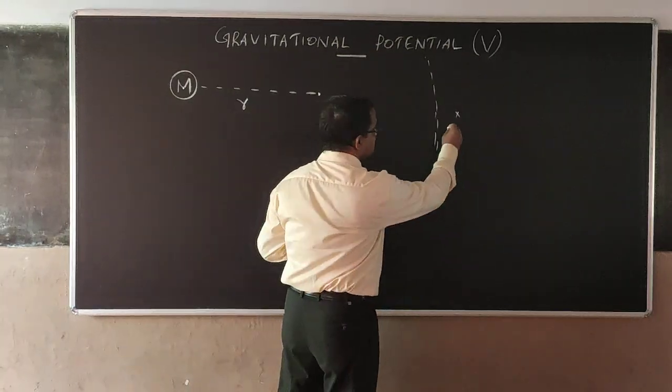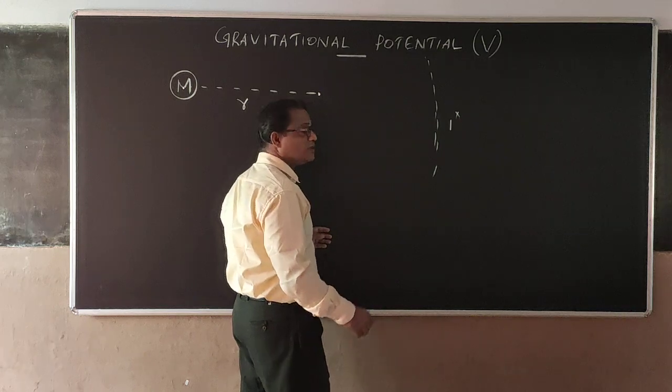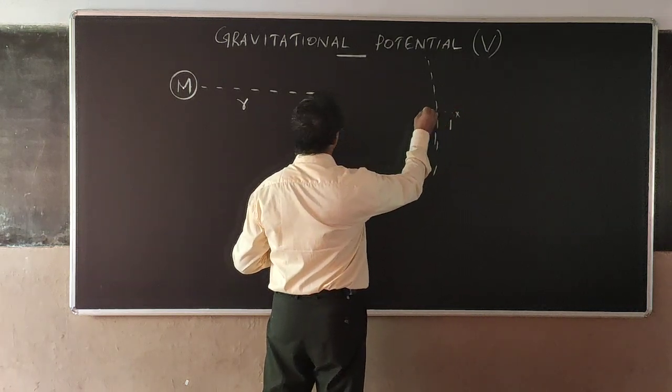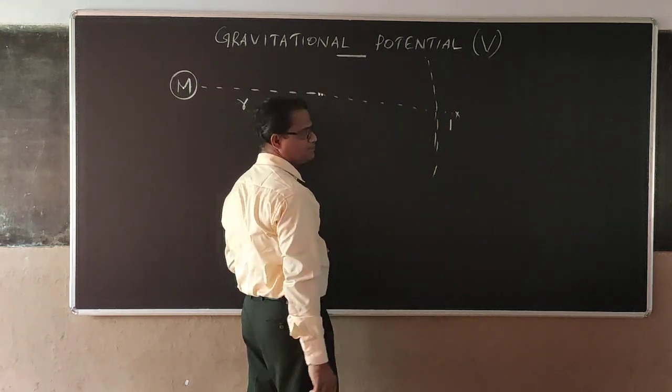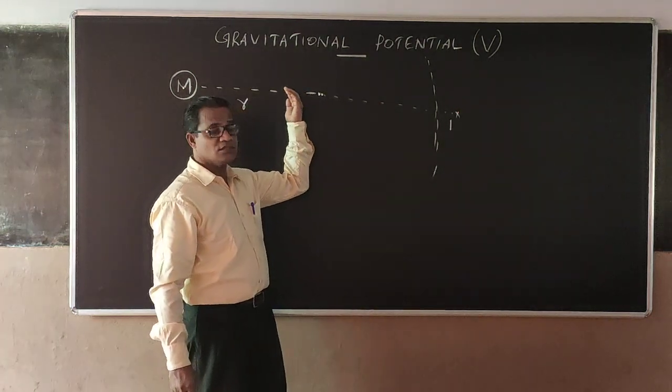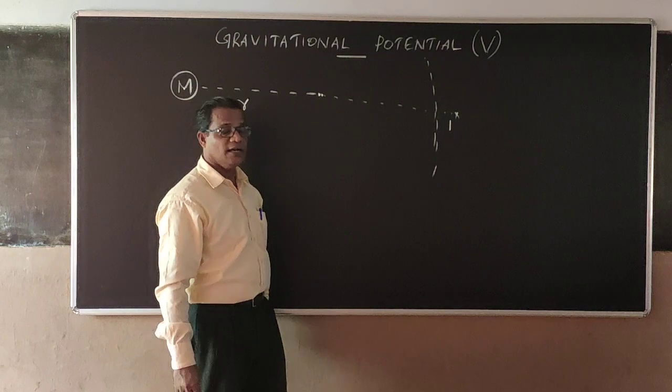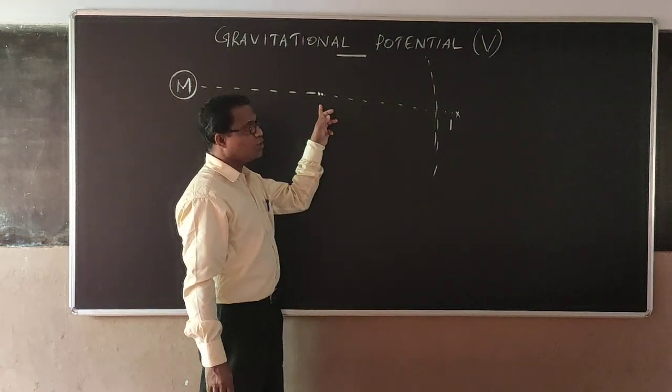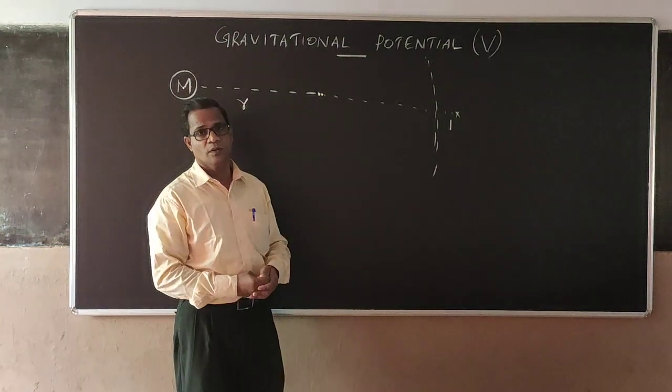If I bring a test mass from here up to this particular point, the work done in that process is taken as the potential at this point due to this mass.